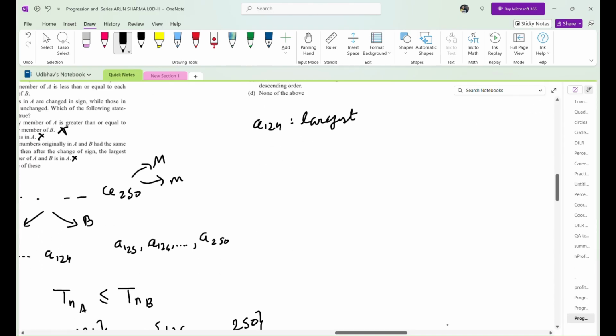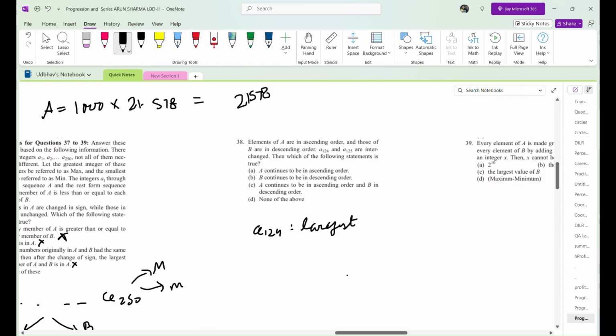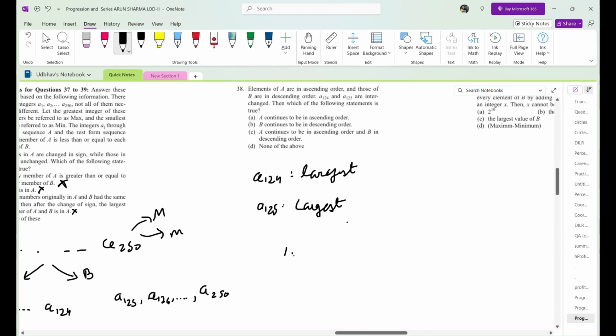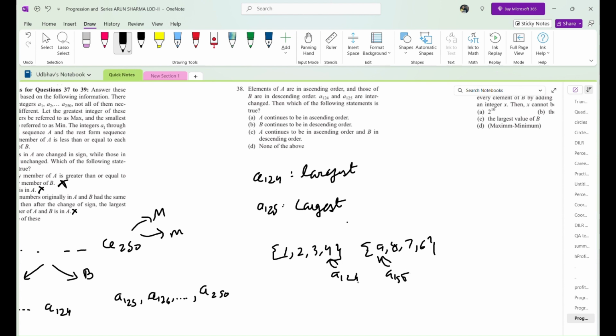Also A125 would be the largest value of B because it is in descending order. Let's say A was 1, 2, 3, 4. So A124 is this, the largest number. And let's say B is 9, 8, 7, 6. This is A125, the largest number in B.